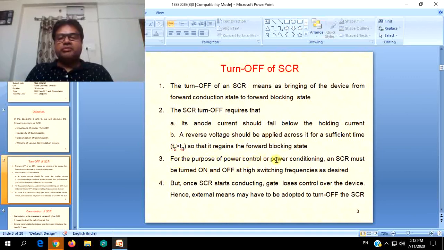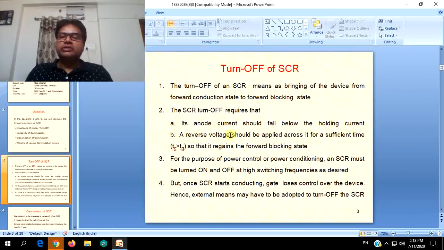So for the purpose of power control or power conditioning, an SCR must be turned on and off at high switching frequencies as desired. It is because of this that we are discussing turn off. But once the SCR starts conducting, the gate loses control over the device. Hence, external means may have to be adopted to turn off the SCR. So to turn off, these two conditions have to hold good.